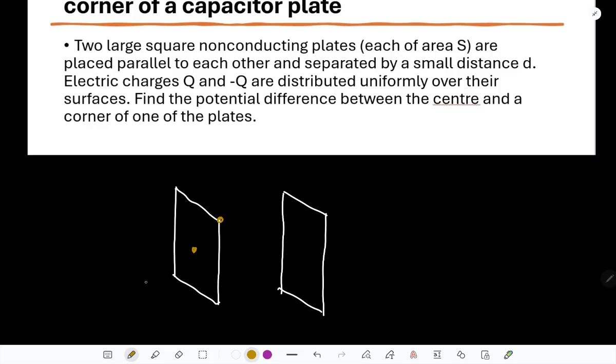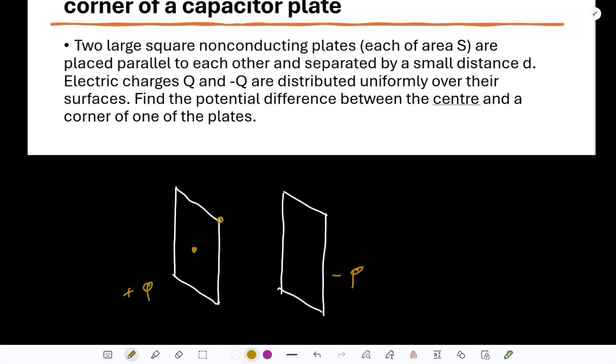These are charged, plus q on one and minus q on the other. And we need to find the potential difference between center and corner of one of the plates.